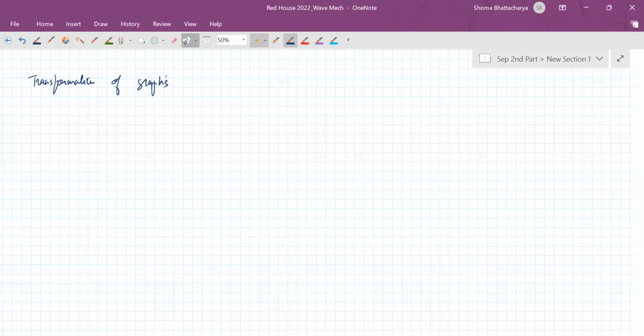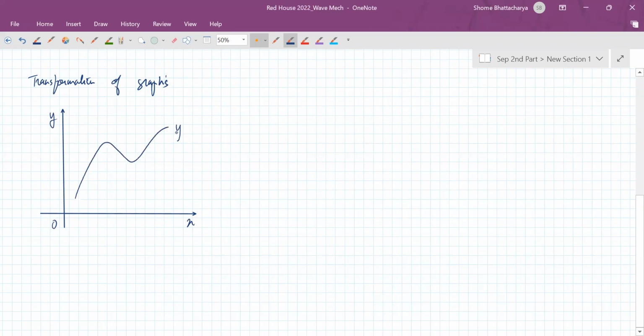What we had seen is that if we have any function y equal to f(x), whose graph looks a certain way, now if we replace x with x plus d, for example, then the graph shifts towards the left by a distance d.